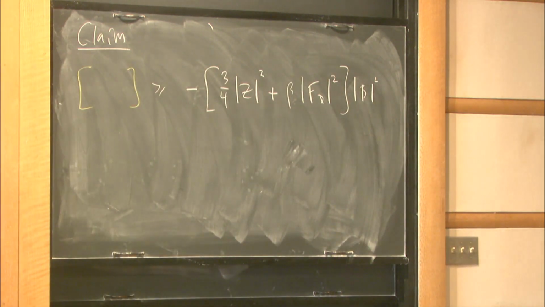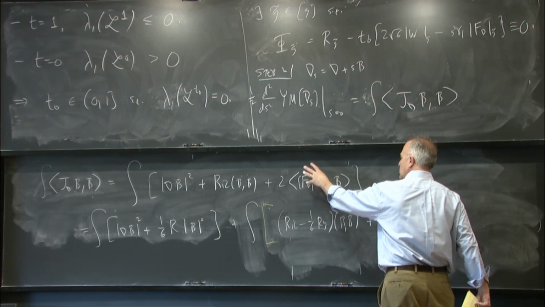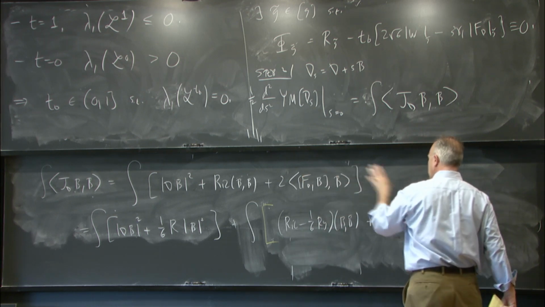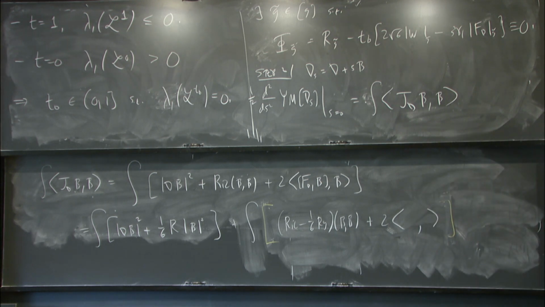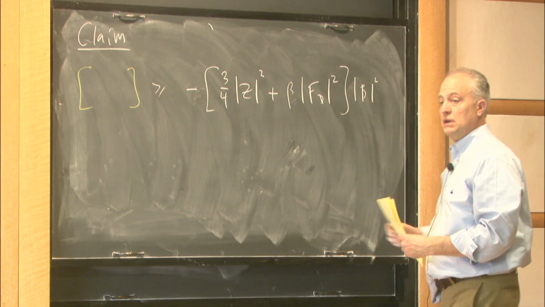So this is just something involving the Ricci tensor acting on b. This is something involving the curvature of the connection acting on b. And this is more or less a sharp inequality involving these. What is Z?